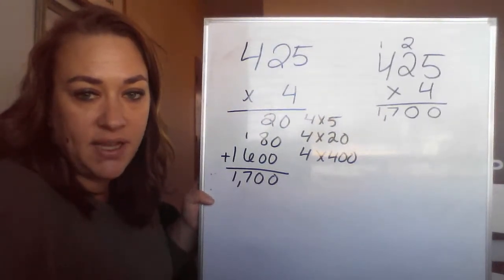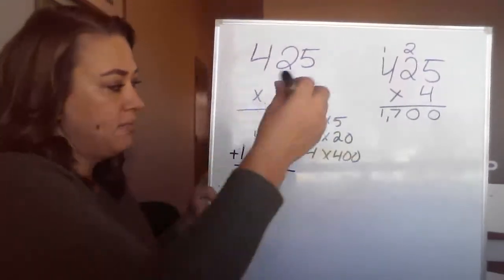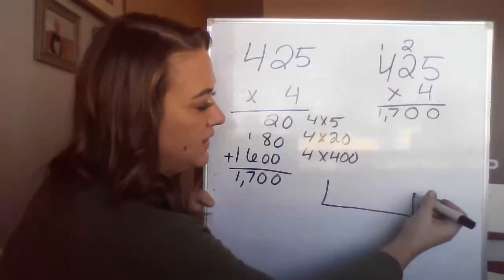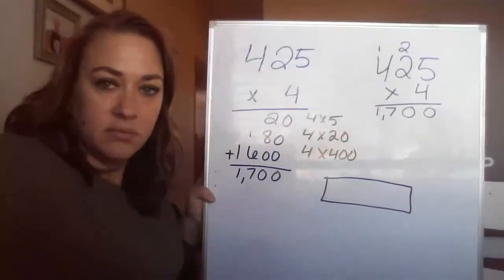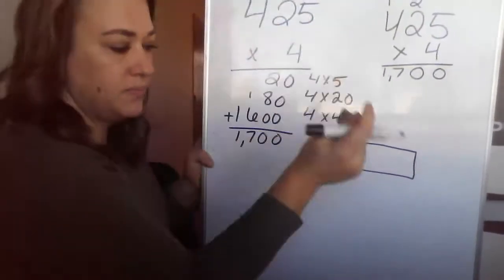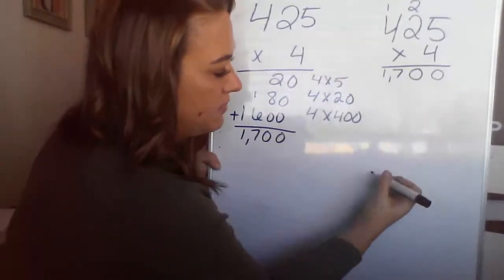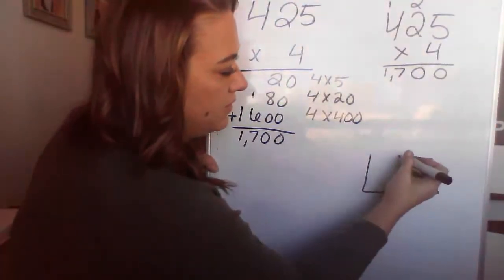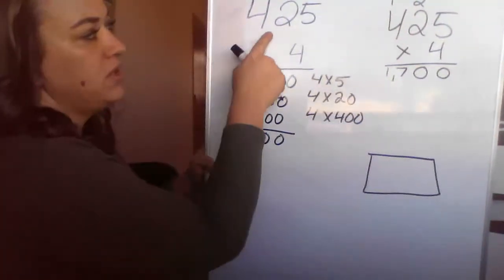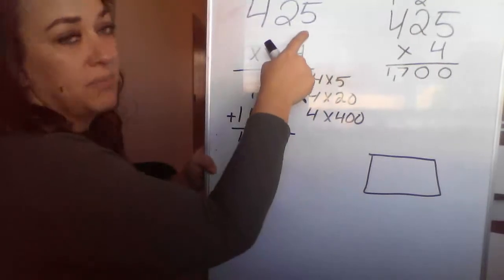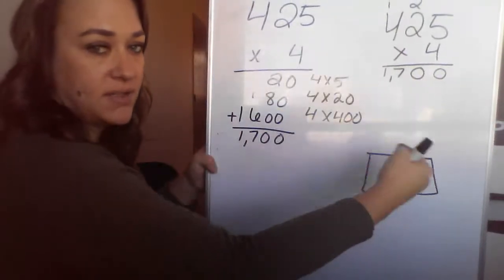The new piece is going to be what we call the area model. Area model, I'm going to draw a rectangle. I have 425 times 4. I'm going to break apart that number by its place values across the top.